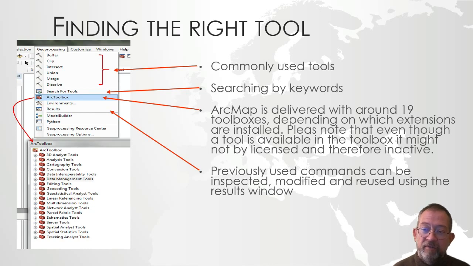There is the environment, where you can set different environmental settings for making more efficient processing. And finally we have the result window, where you can see previous commands and go back and forth. We'll talk also more about these in a moment.